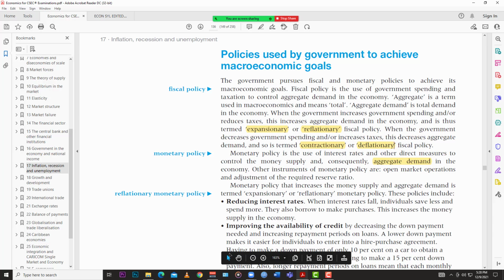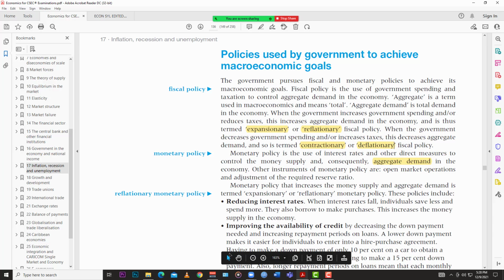That's how the government can use taxation to increase aggregate demand. They can use taxation to reduce the cost of items, and that in turn encourages persons to buy, so that would increase demand.